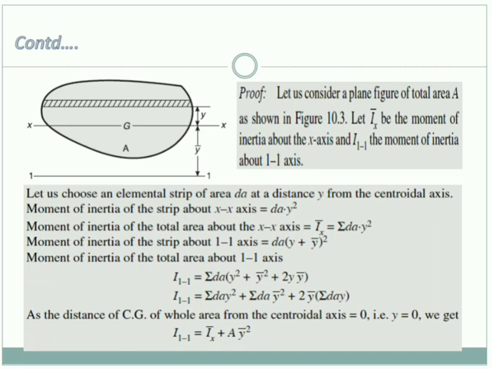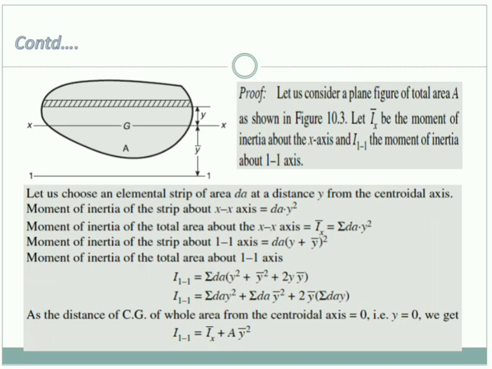What is summation of dA? The summation of all such small areas. Y square is the distance of all those areas with respect to your xx axis. Therefore, moment of inertia about the xx axis Ix is equal to summation of dA into y square. This is the basic definition of moment of inertia.